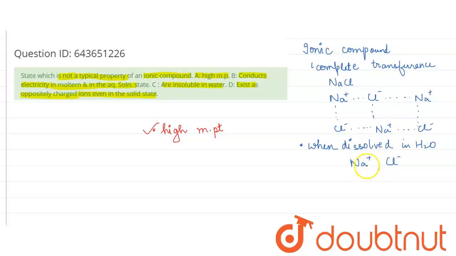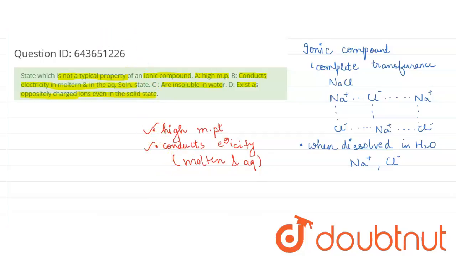Ions are nothing but charged species, and when charged species are produced, they are able to conduct electricity. So this option is correct. Molten and aqueous state is important, since only then will they exist as their ions. So the second property holds true for ionic or electrovalent compounds.